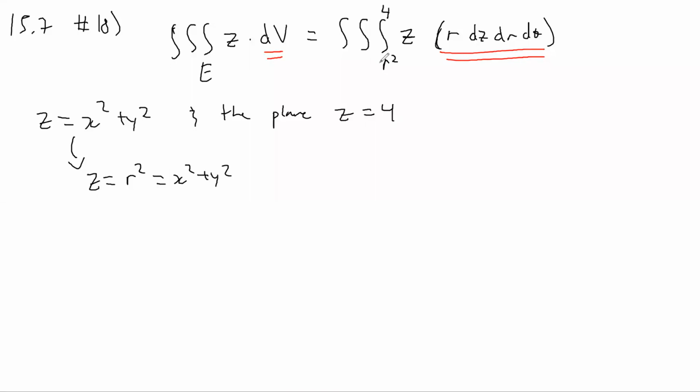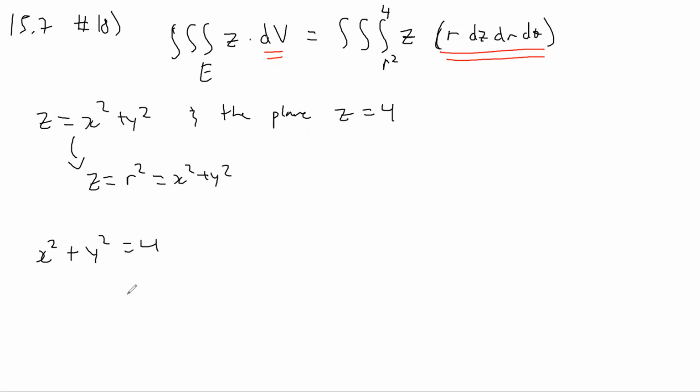Okay, all right, so the next thing we need to find is the r and the theta. From this question, it also specifies that z is equal to 4. So these two surfaces intersect when x squared plus y squared is equal to 4.